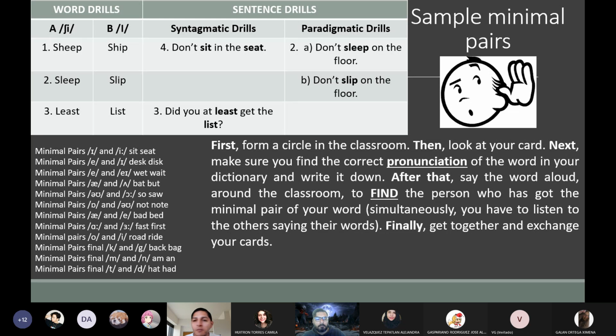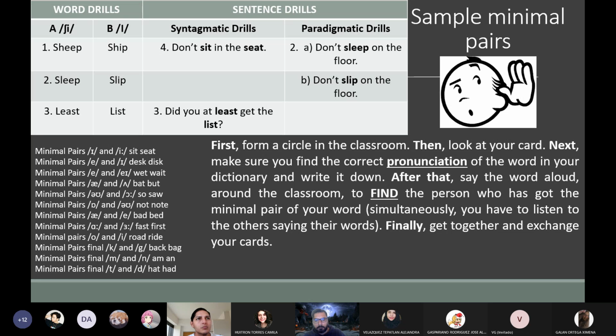The idea was to work in a circle. You were going to be given a couple of cards with sounds, and you needed to look for your minimal pair. But I don't think that's going to be possible.